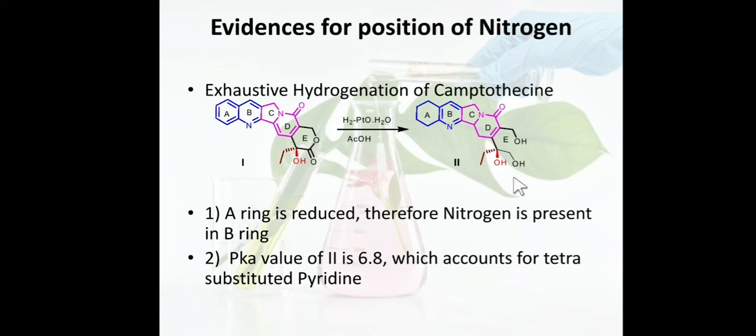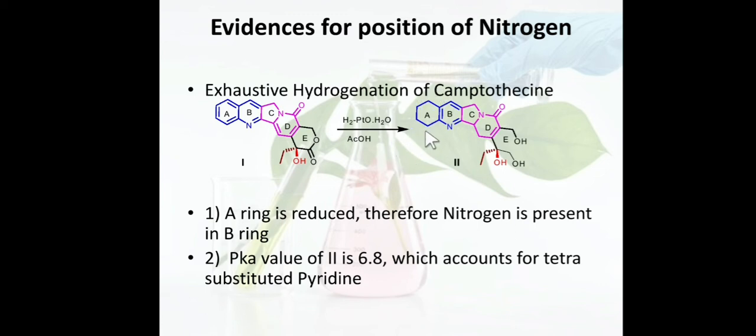Now what happens? The pKa value is 6.8, which accounts for the tetrasubstituted pyridine. That's why this pyridine is showing us 6.8. Also, the A ring is reduced, therefore nitrogen is present in the B ring, because you know that if we have nitrogen, it is very difficult to reduce pyridine, but it is easy to reduce a benzene ring.